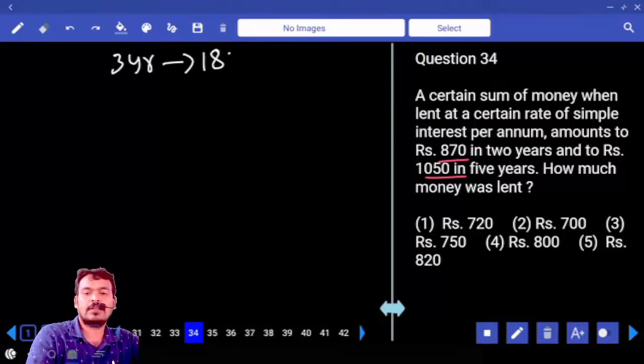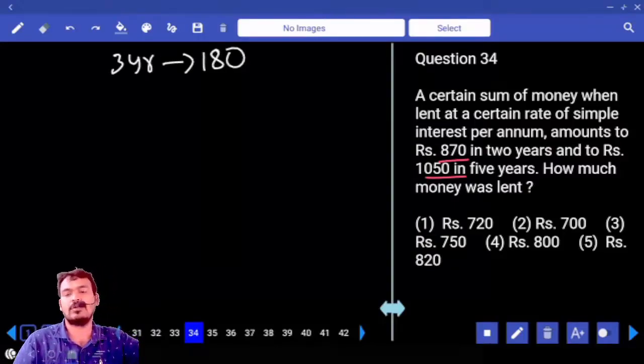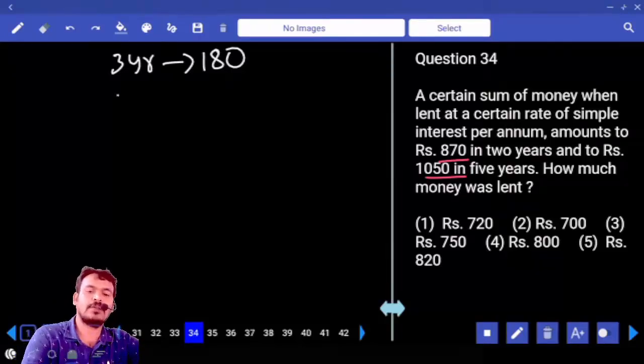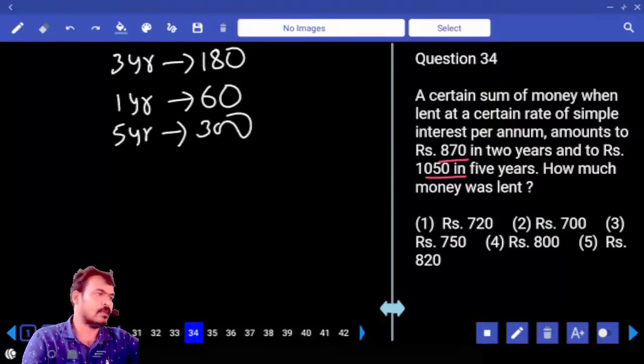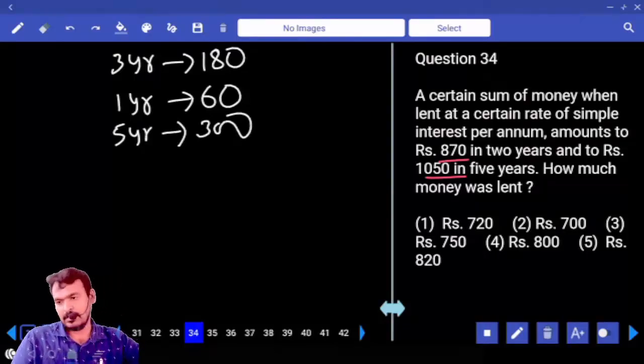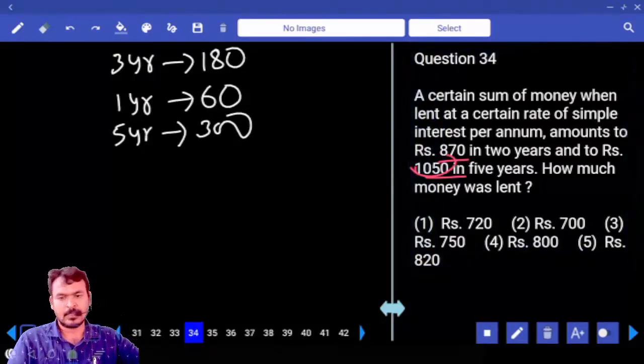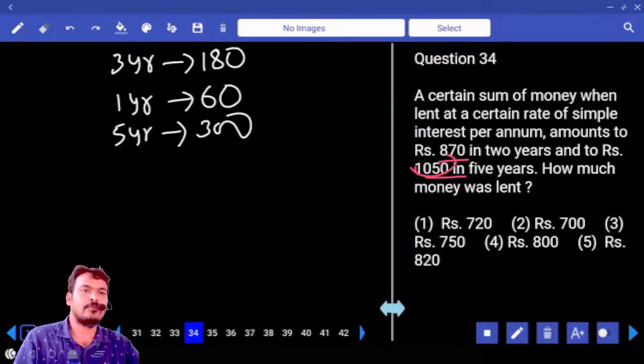How much is the value difference? 180, right? That 180 is the 3 years' interest or only 1 year's interest? 3 years' interest. 3 years' interest 180 means every year's interest is 60, right? 1 year interest 60. Then 5 years' interest is how much? 300, right? 5 years' interest is 300. What is the 5 years' amount? 1050.